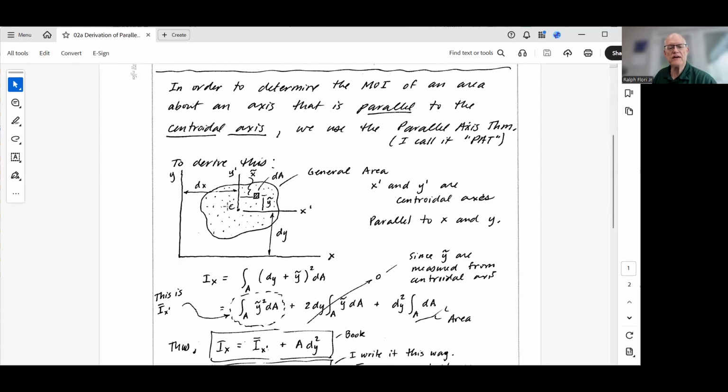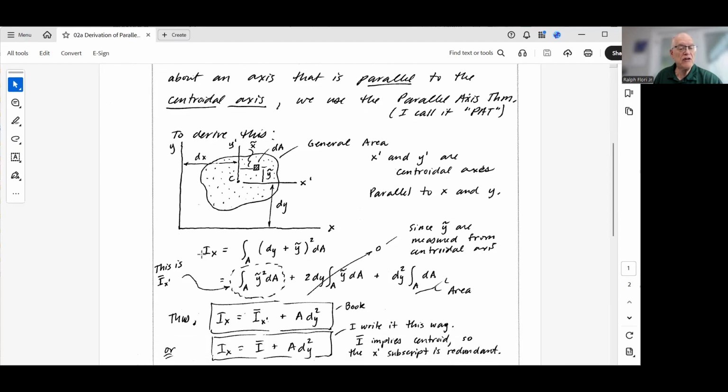The X prime axis is a distance dy from X, and the Y prime axis is a distance dx from Y. Relative to this centroidal coordinate system, we're going to draw a little general dA area that's some y tilde from the X prime axis, and some x tilde from the Y prime axis.